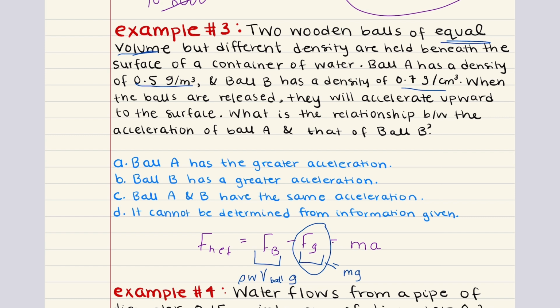Here it becomes important to note that the ball with the smaller mass experiences the greater acceleration. Because both balls have the same volume, the ball with the smaller density has the smaller mass, and that is ball A, which means that ball A has the greater acceleration, and the correct answer for problem 3 is going to be answer choice A.